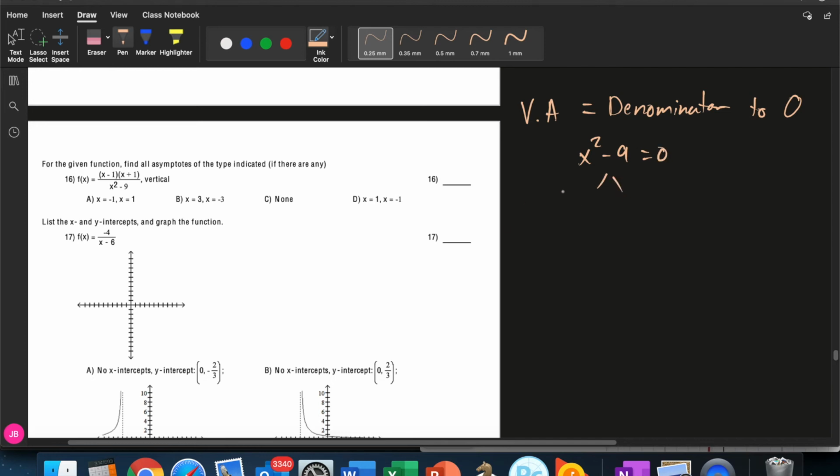It's actually very, very simple to do because this is a difference of squares, right? So we have that x squared minus 9, which is 3 squared. So we take the square root of x squared, which is x, the square root of 9, which is 3. So we take x plus 3 times x minus 3. And then when we solve for the zeros of these, that's just going to be x is equal to 3 and negative 3. There we go. B.